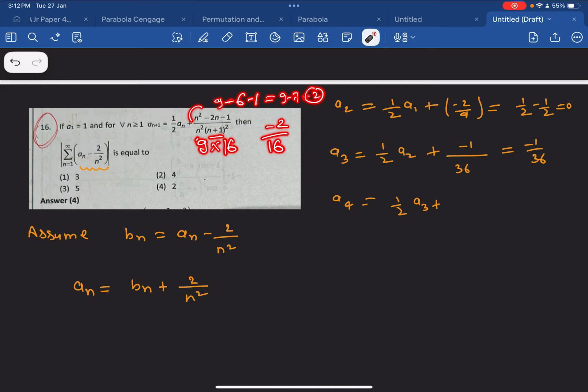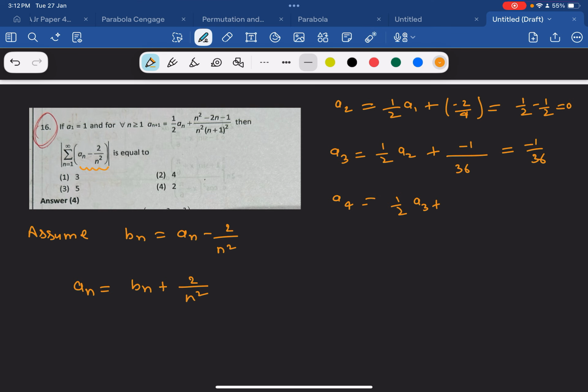So minus 2 by 9 into 16 we are getting here. So 2 8 ja, minus 2 by 72, correct? So I can write here, minus 2 by 72 and 1 by 2 a3, this will be minus 1 by 72, and minus 2 by 72. So this will be minus 3 by 72, correct?